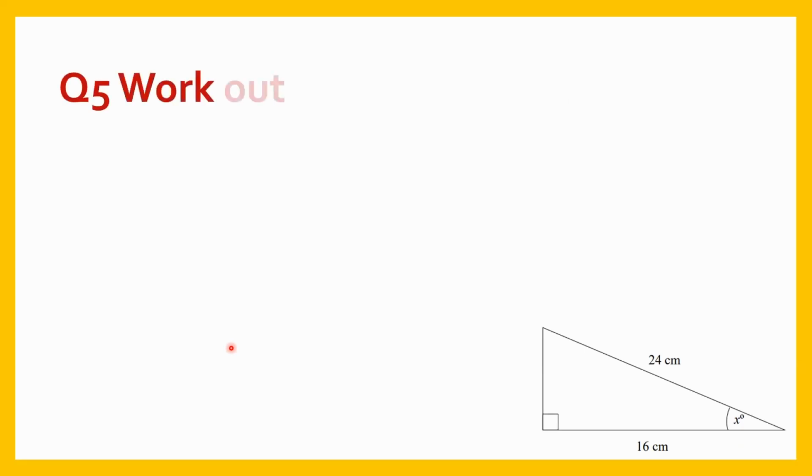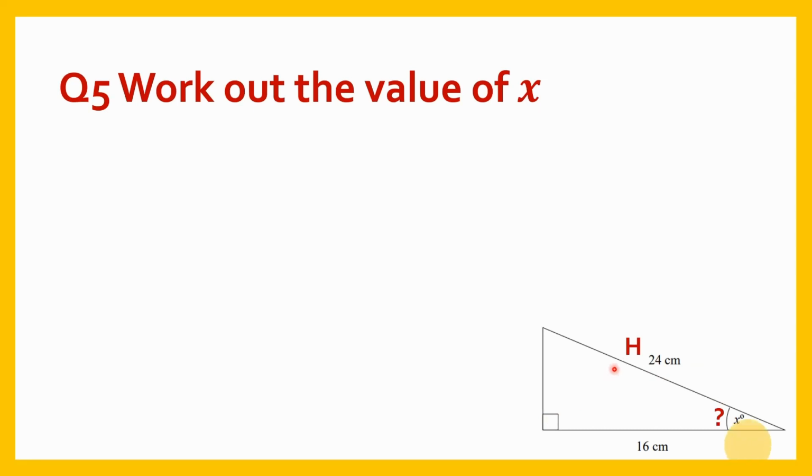Question 5. Work out the value of x. Again, that's an angle. 24 centimeters is the hypotenuse, opposite 90 degrees, the longest side. The angle of interest is x. For x, 16 is the adjacent, so we have A and H and the angle, so we have to use cosine.